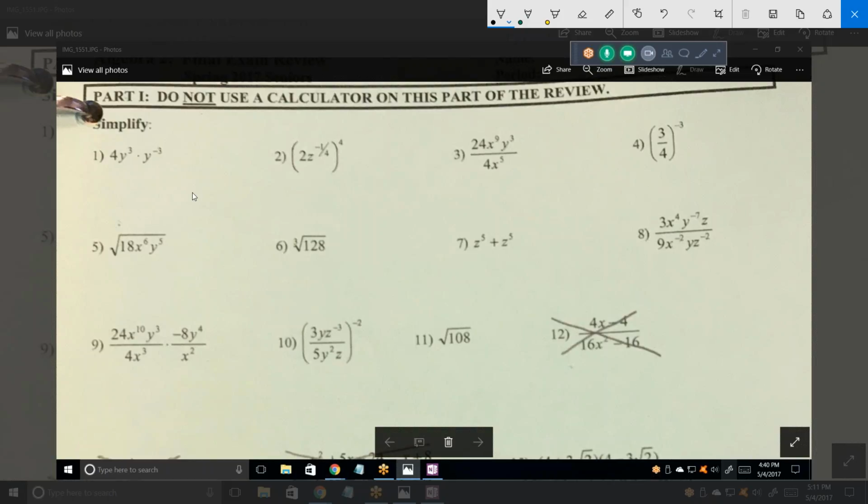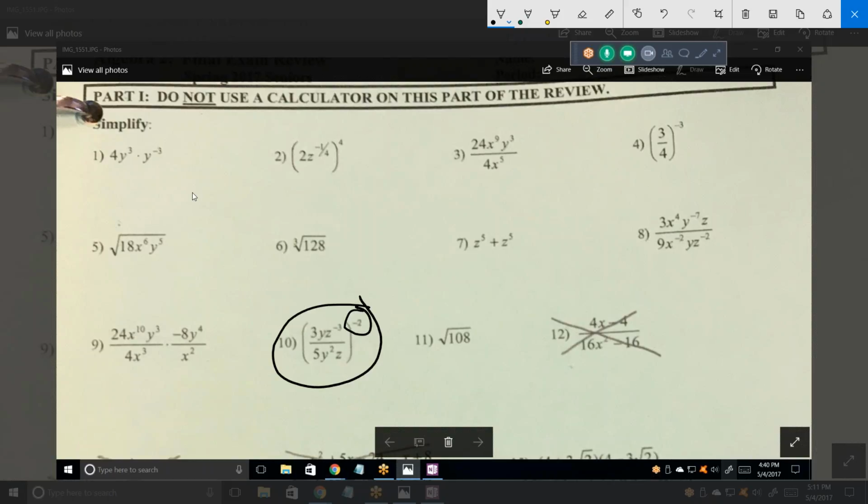Now the first thing to notice about 10 is that everything in the parentheses is being taken to that -2 power. So to me, the easiest thing to do is let's multiply that -2 immediately and get rid of it. In other words, I'm going to get rid of the -2 by multiplying it.